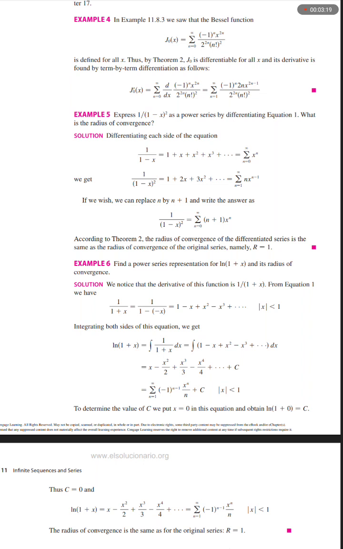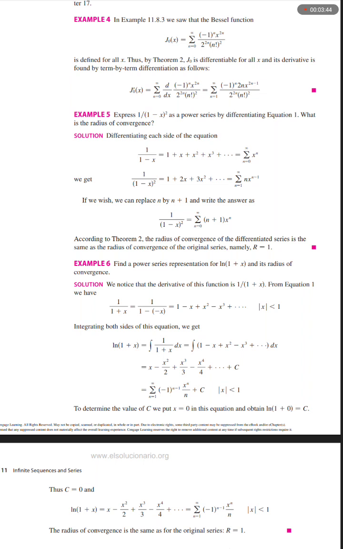If we wish, we can replace n by n plus 1 and write the answer as 1 over (1 minus x)^2 equals the sum from n equals 0 to infinity of (n plus 1) times x^n.